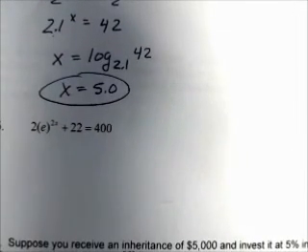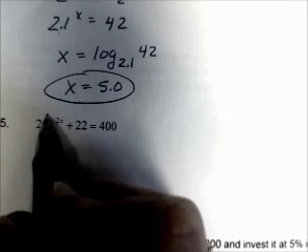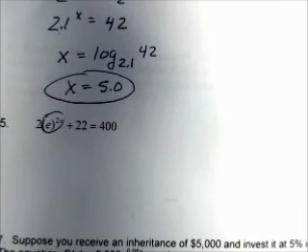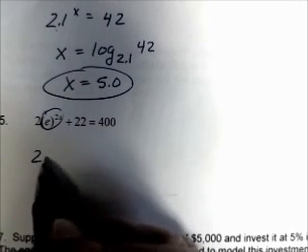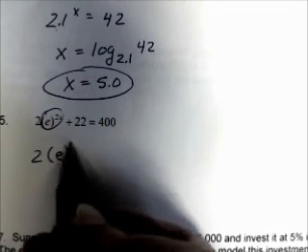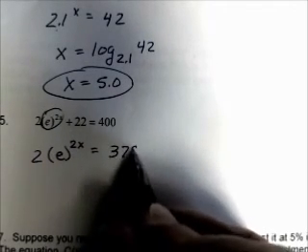Number 5. Okay, here's my base and exponent. We want to get this isolated, so we'll subtract 22 from 400. 2 times e to the 2x is equal to 378.